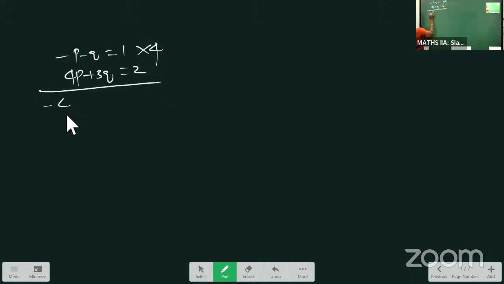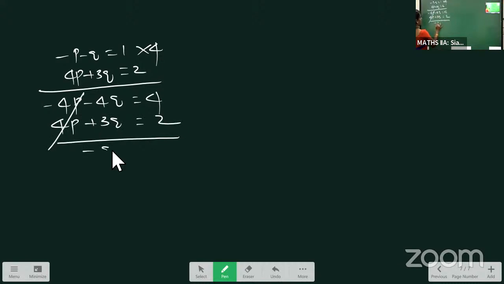Minus P minus Q is equal to 1 and 4P plus 3Q is equal to 2. Multiply this with 4. Then we have minus 4P minus 4Q is equal to 4, and 4P plus 3Q is equal to 2. Then cancel out here. This is minus Q is equal to 6. Therefore Q is equal to minus 6.